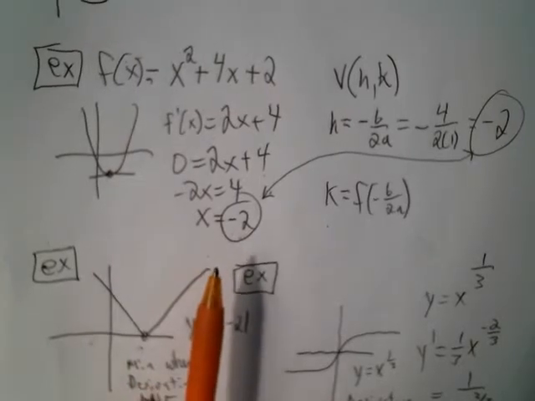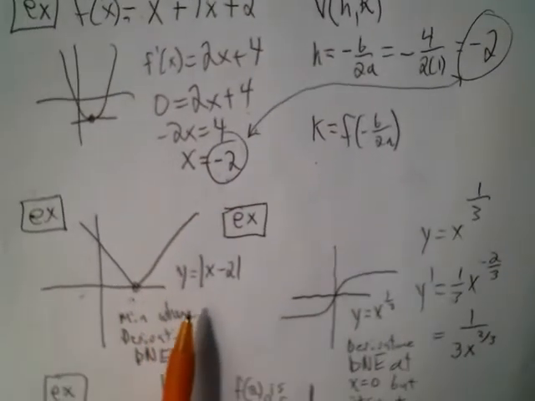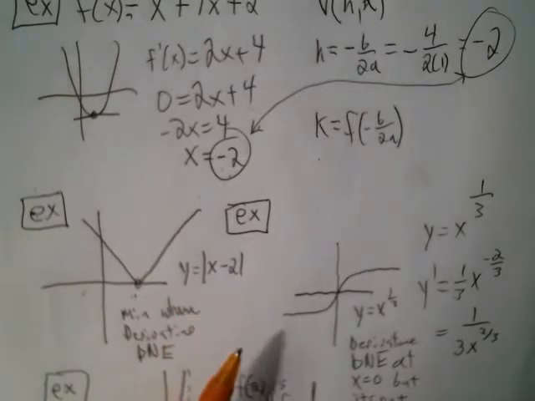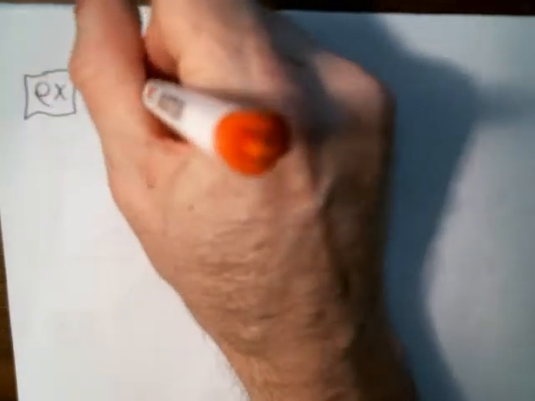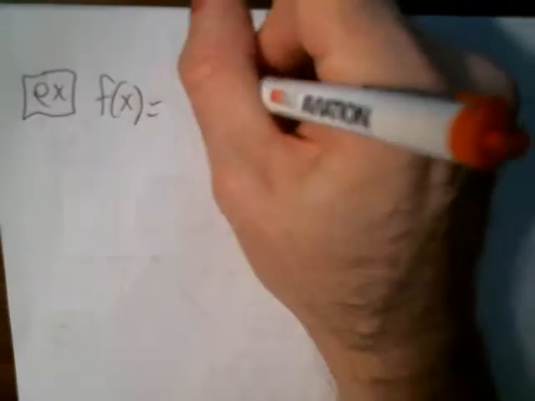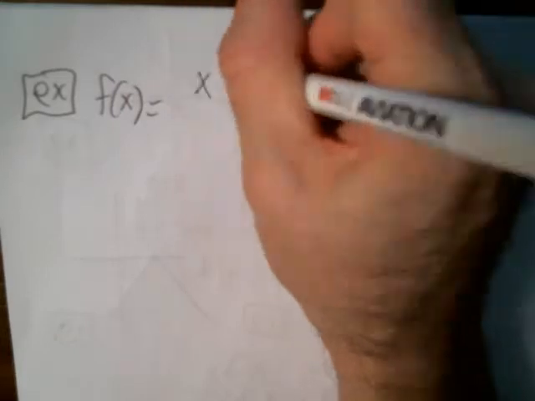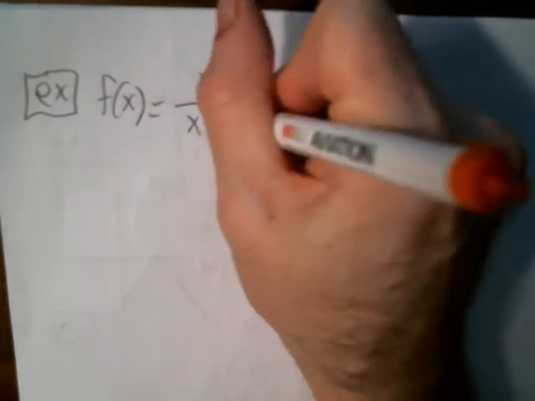So we'll still need to worry about where the derivative does not exist. The ultimate example for an intro calc class would be something that's rational. Say f of x equals x all over x minus 3.